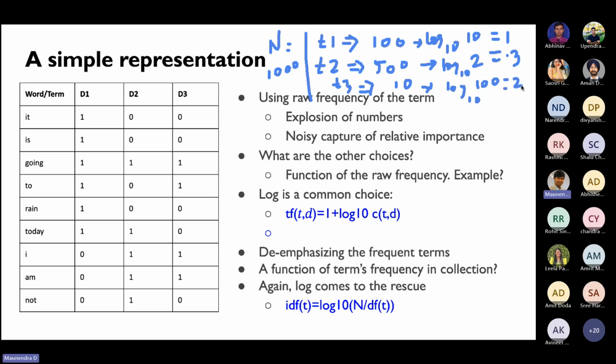So what we see here is that from T3 to T1 to T2, the count increased from 10 to 100 to 500, and the weight decreased from 2 to 1 to 0.3. So the terms which are more present, the weight associated with it is less. Terms which are rare, the weight is more. And you know that these frequencies may change abruptly, but there is some kind of smoothing which is happening here.